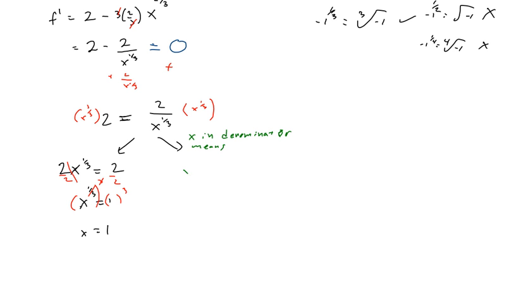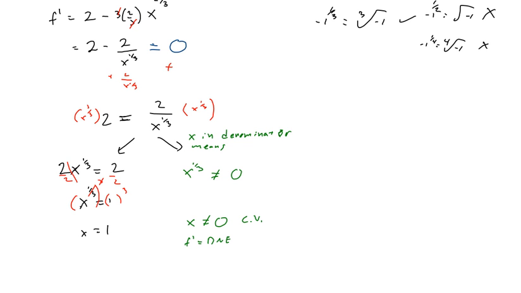So x cannot be 0. This is another critical value where f prime does not exist. It's not allowed to be 0, and so that's one of my situations where if I made my x equal to 0, my derivative would not exist. And so that's another critical value in my function.